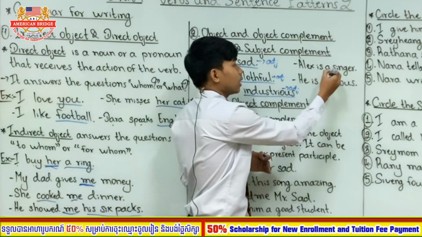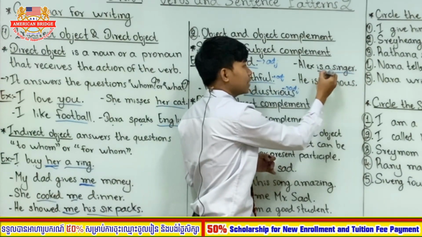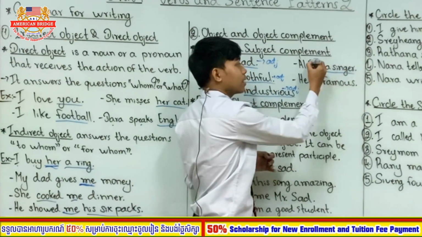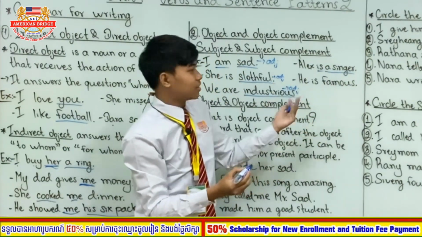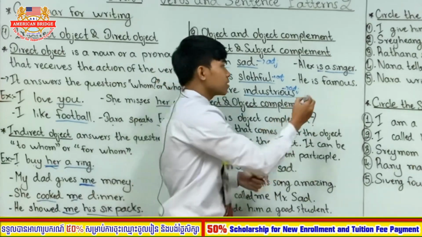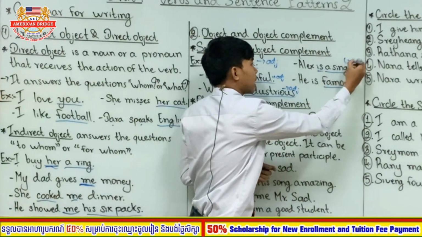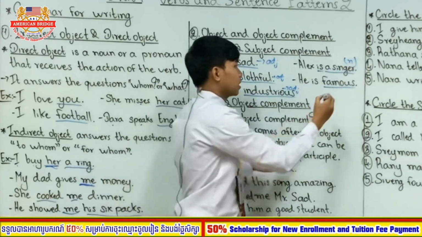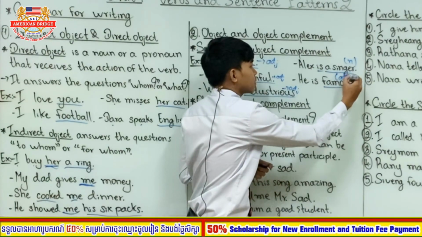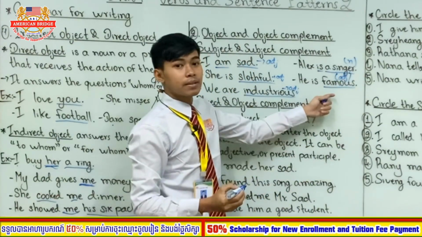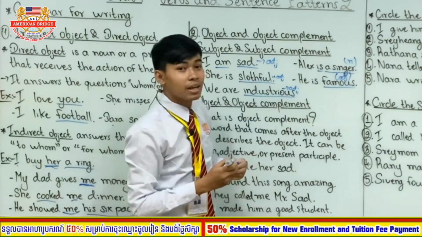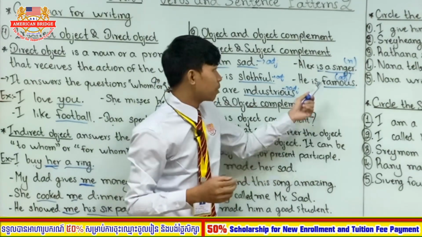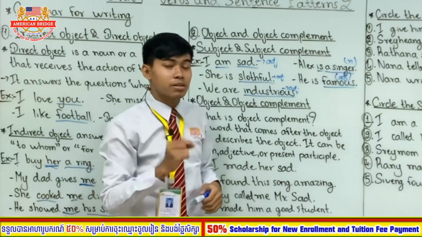Alex is a what? Is a singer. The last one here is famous. Famous is an adjective. It comes after the linking verb is and it describes the subject he. He is what? He is famous. So this is just a review about subject complement.